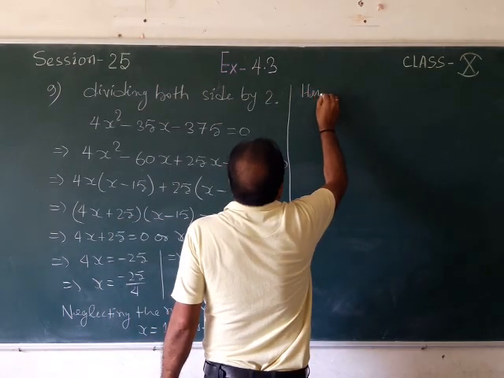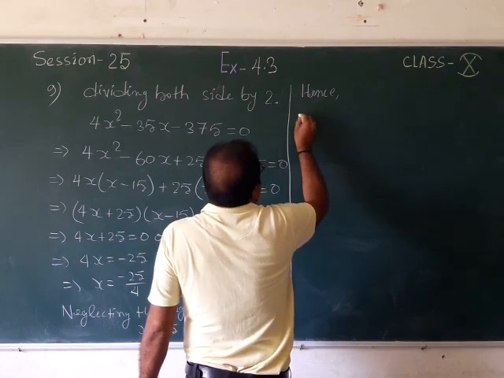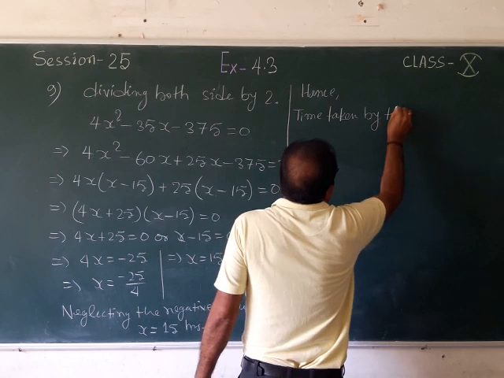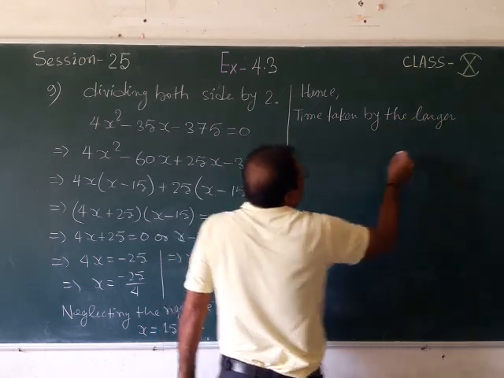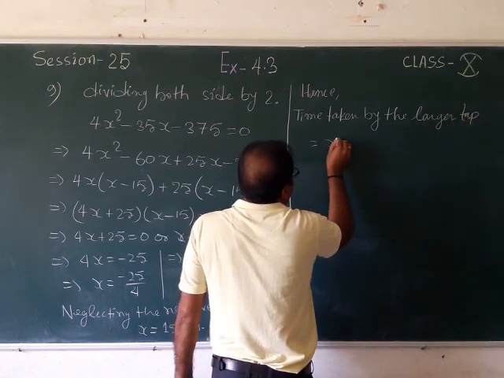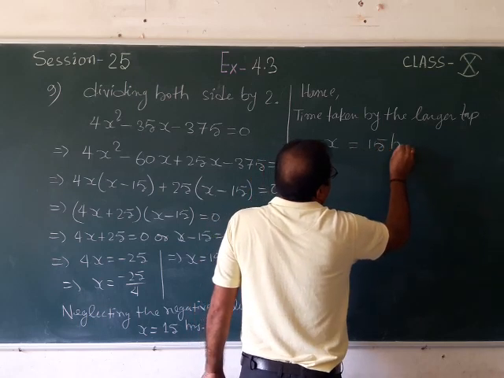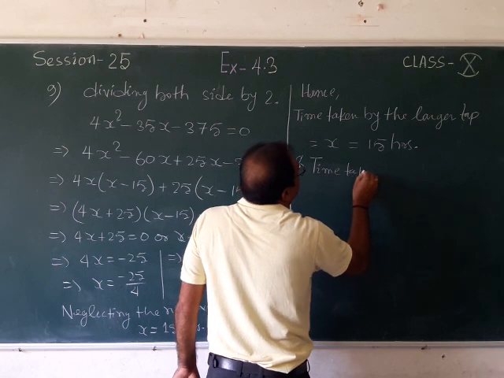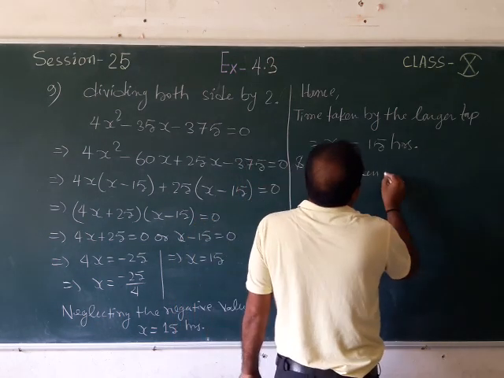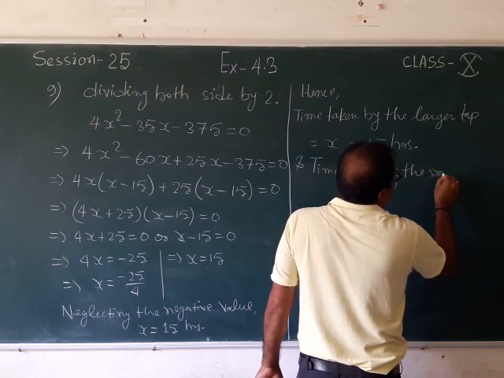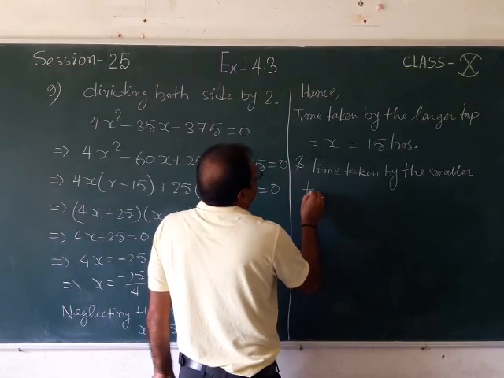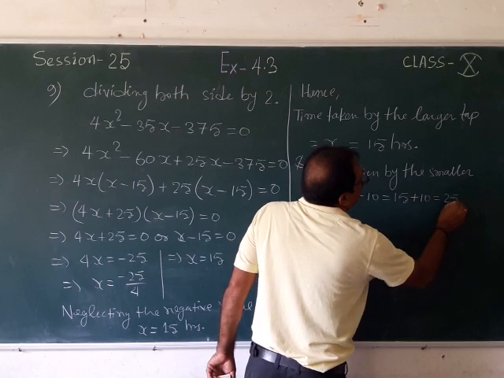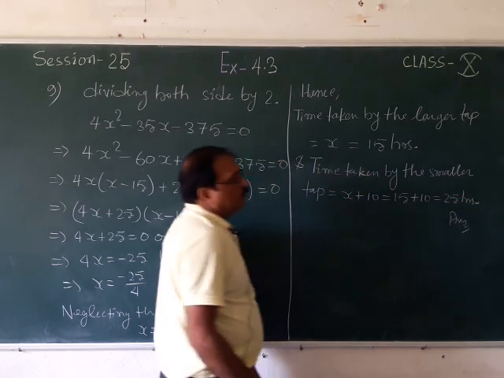Hence, time taken by the larger tap to fill the tank is equal to x, and that is equal to 15 hours, and time taken by the smaller tap is equal to x plus 10, means 15 plus 10, that is 25 hours, and these are the answers for this question.